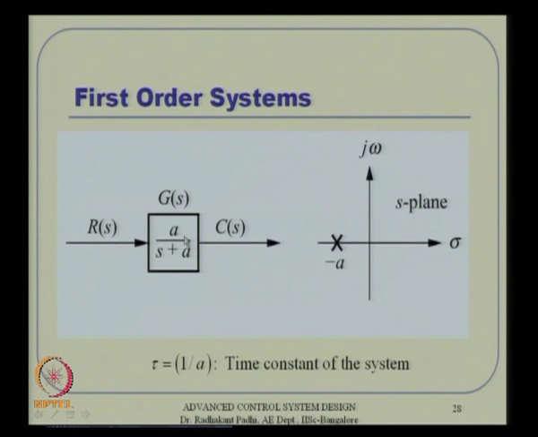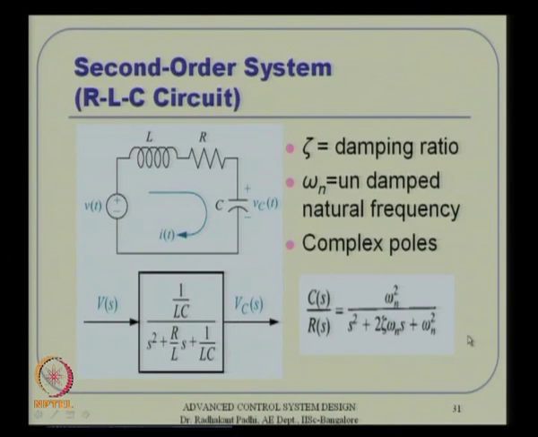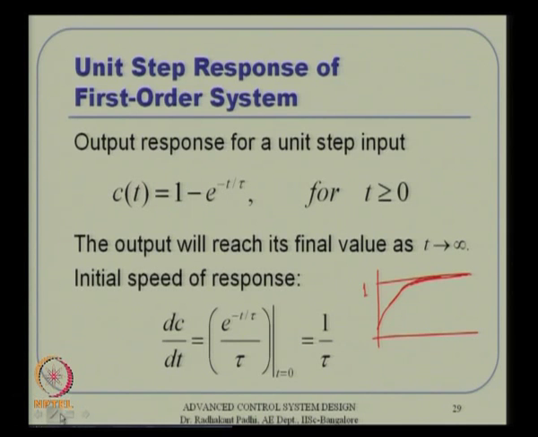That is one of the reasons why we consider this standard form a by s plus a. So this is the time axis, and this is C of t, the response, and this is the input part.